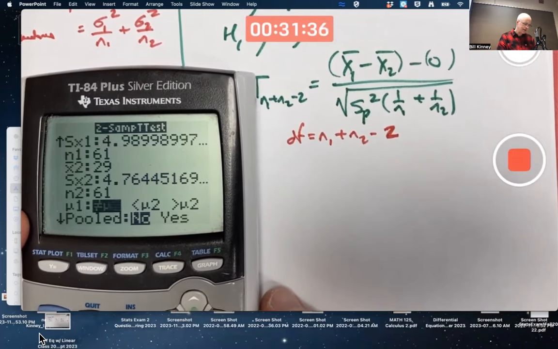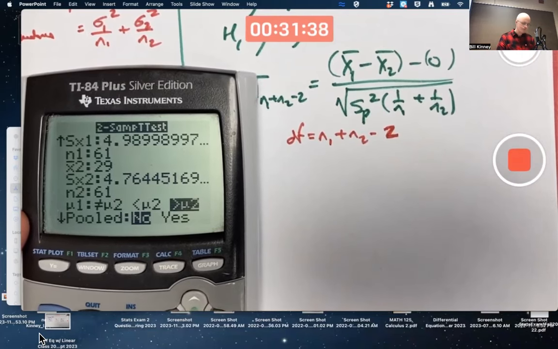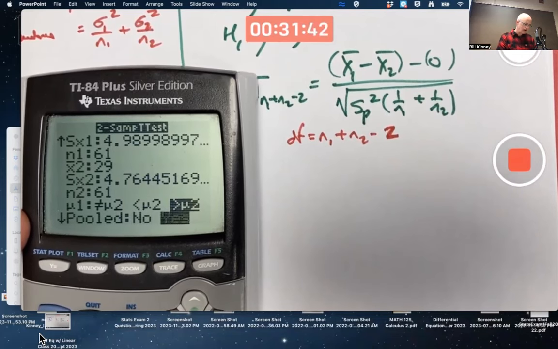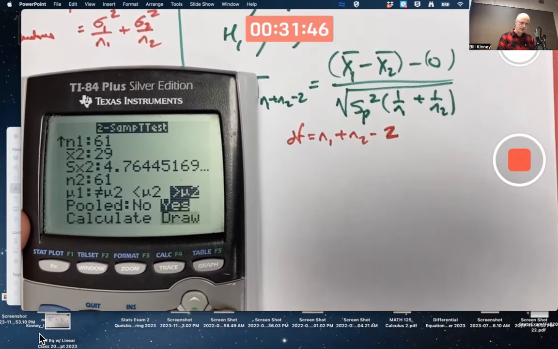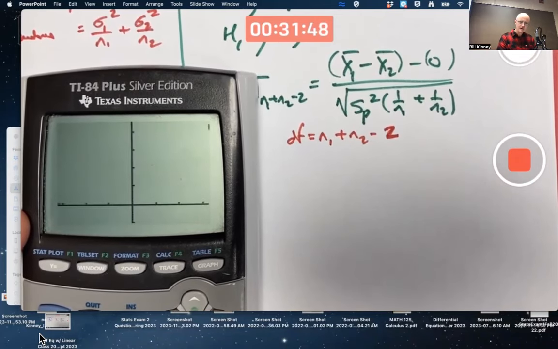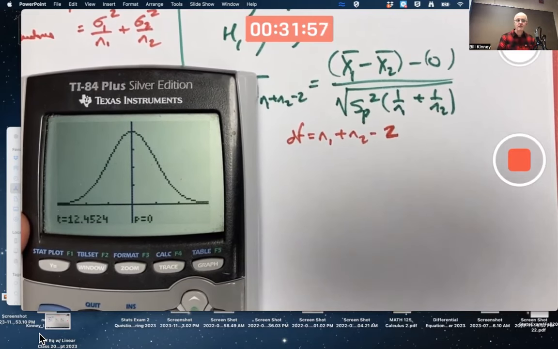It's a right-tailed test. If I pool, what happens? What kind of p-value do I get? Maybe we also want to draw it. It's going to draw an error area. That's evidently a t-distribution with 120 degrees of freedom.